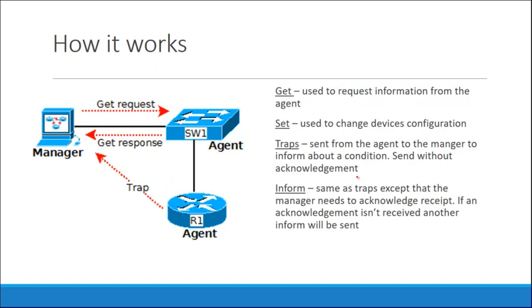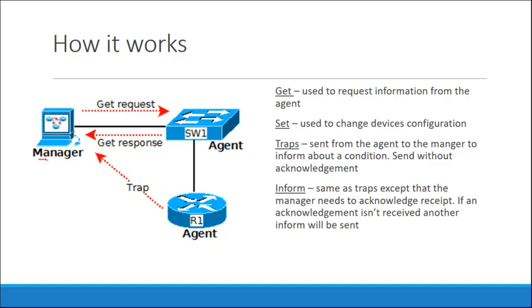So how does it work? Simple basic configuration would be like a read-only. We have different types of packets that are sent, or requests and responses that are sent. We have our GET, our SET, our TRAPS, and our informs. Our GETs are used to request information from the agent.